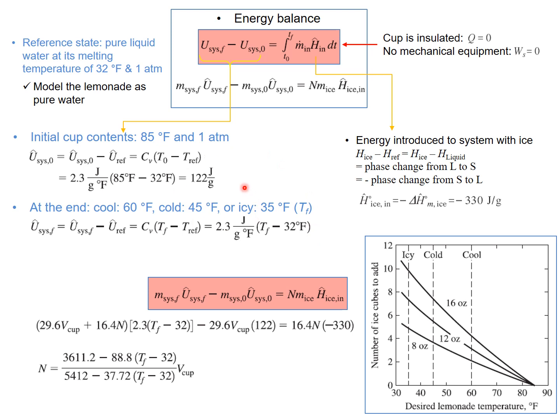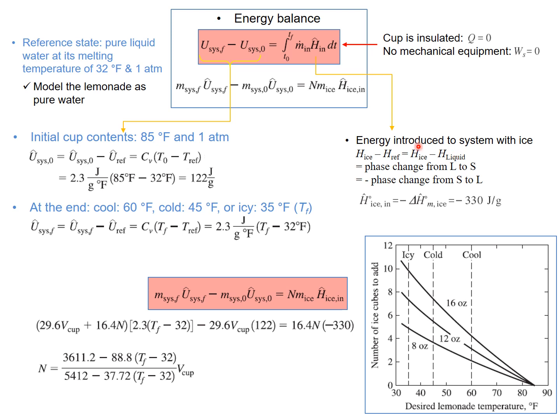And then it's time to go to the right hand side of the equation: energy introduced to the system with ice. So it means ice minus reference is equal to ice minus liquid at melting point. This is the reference state, right? That is the liquid.